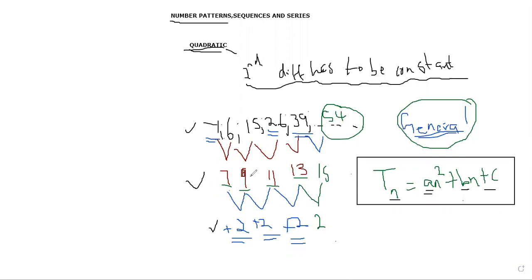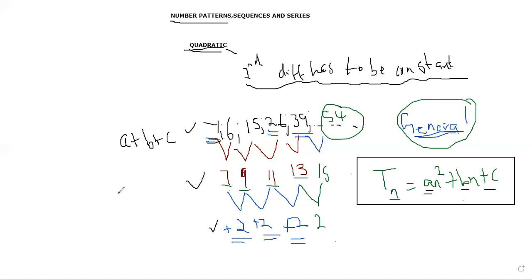So what you would do, you take it always on the first sequence, it will always be a plus b plus c, equal to the first term. I repeat, this a plus b plus c, you must know because you won't find it in your formula sheet. They won't give you that because they'll be giving you the answer.